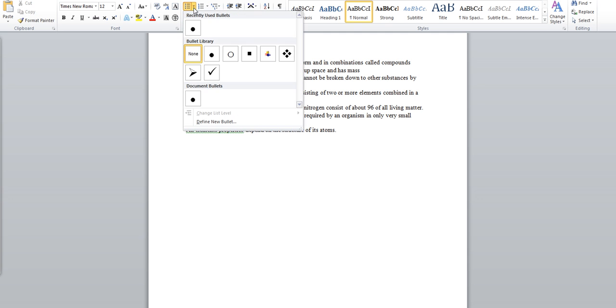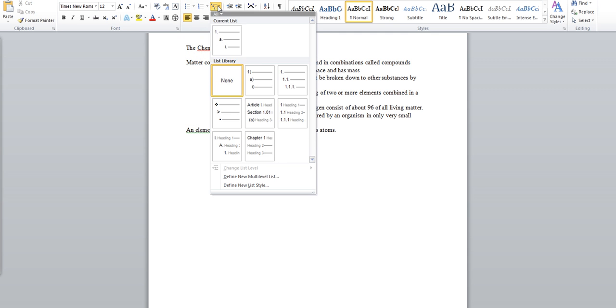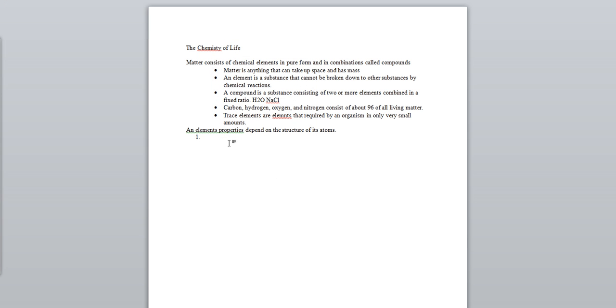Let's get the bullets working again. Atoms are the smallest unit of an element that still retains the property of the element.